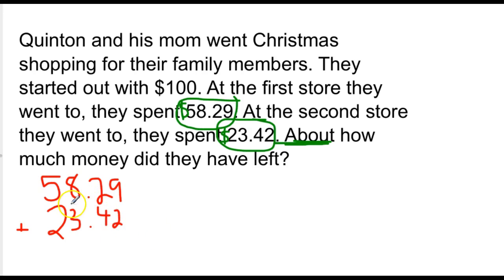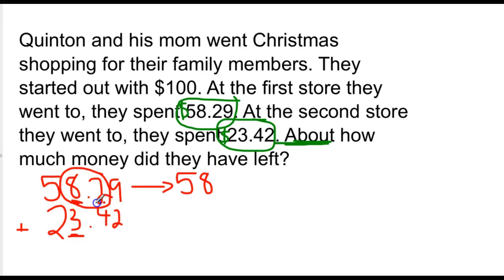Now remember, I'm rounding to the nearest whole number, which is in the ones place here. $58.29 would round to just $58, because it is much closer to $58 than it is to $59.